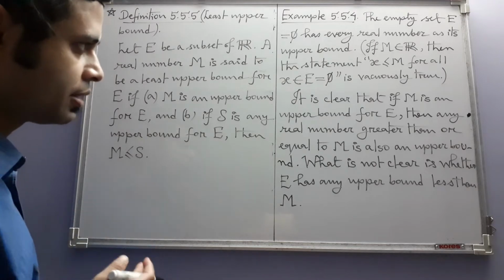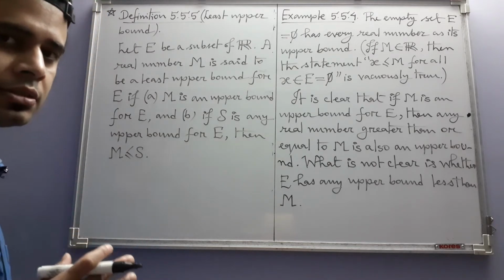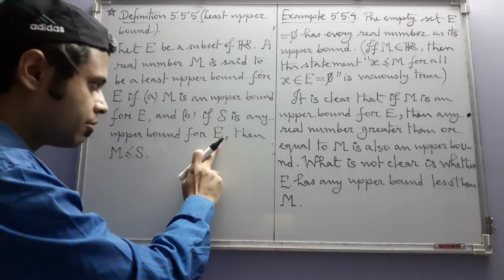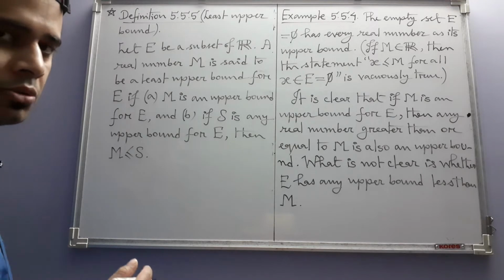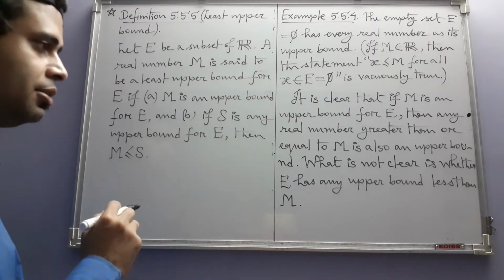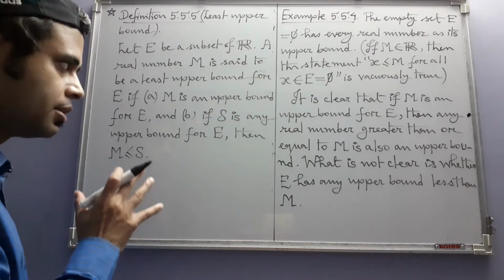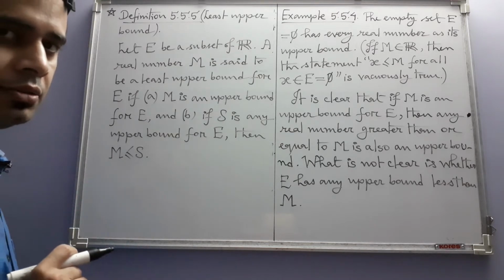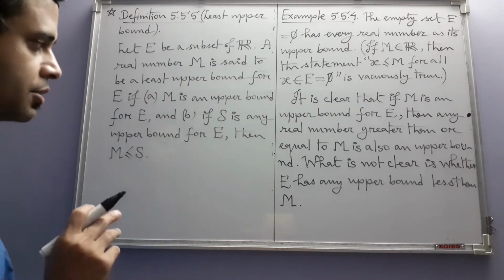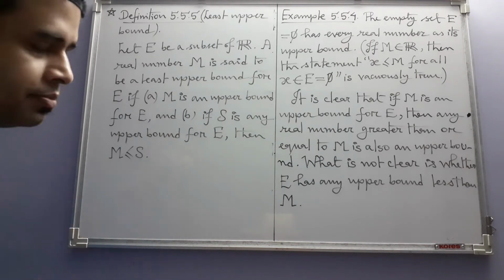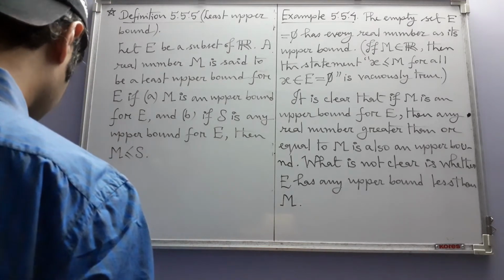It may or may not exist. The magical thing about the system of real numbers is that if E is non-empty and there is at least one upper bound, then there must be a smallest upper bound. And this is the least upper bound property, which sets it apart from the system of rational numbers, which lacks this property. So that's what we are going to see. That is the main thing in this section.